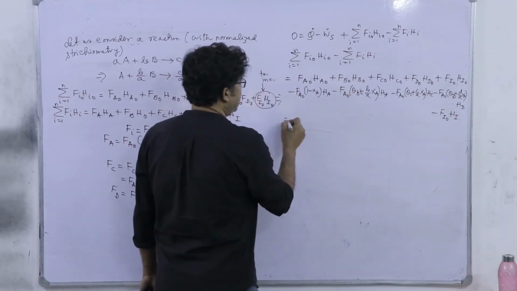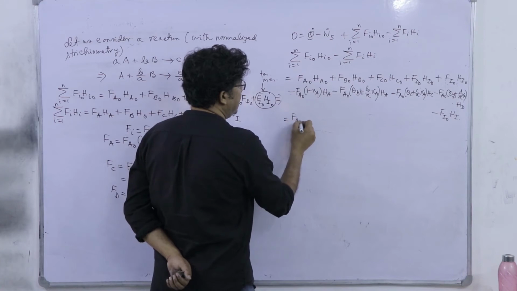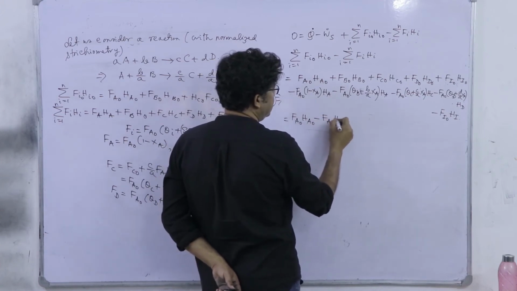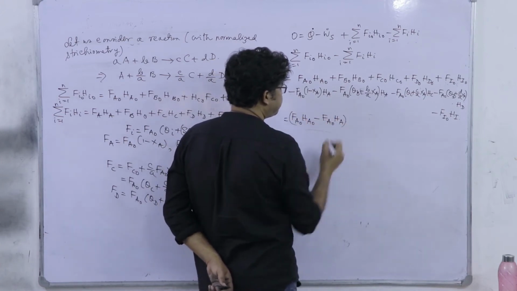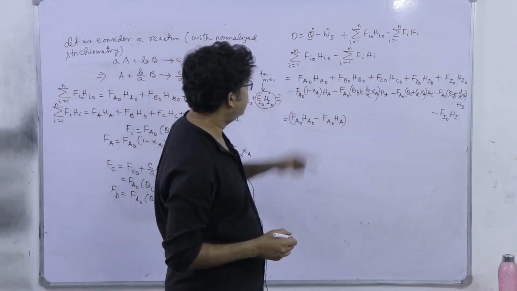Right. So you can write here Fa naught Ha naught minus Fa naught Ha, the first term, this and this.